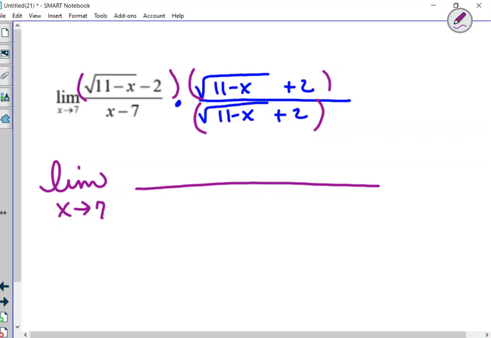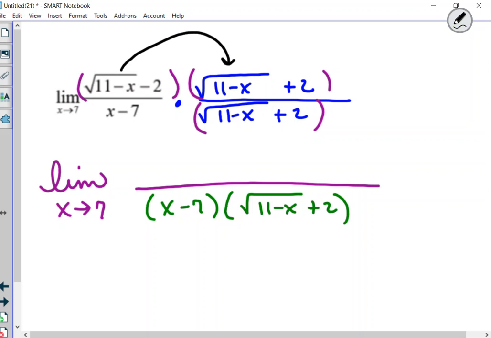And here's what happens. I've got this. And this is where I'm going to burn you if you start getting a little lazy. 11 minus x times 11 minus x is 11 minus x. Minus 4.